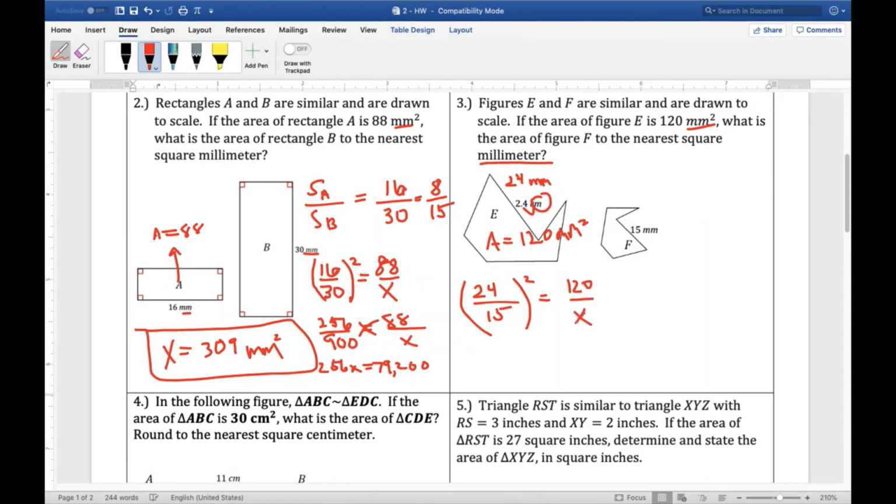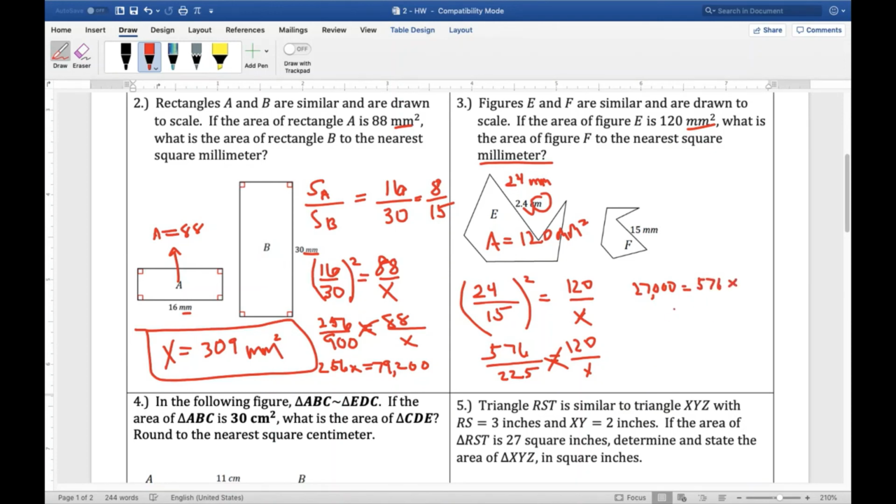You might want to take a minute to see if you can solve this on your own. Pause the video and try that. So 24 times 24 is 576, and 15 times 15 is 225, and that's equal to 120 over x. Again, cross multiply. 120 times 225 is 27,000, and that's equal to 576 times x.